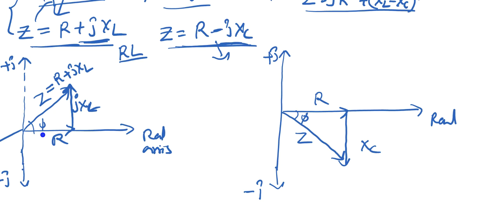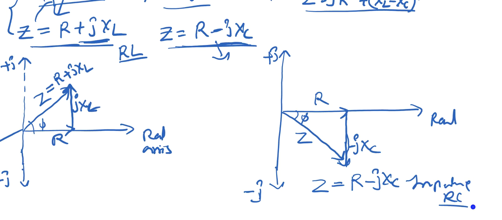Then, instead of representing this vector here, it is going in the negative part of the imaginary axis. So I can write this as minus JXC. So that's why Z is nothing but R minus JXC. So this is the impedance of your RC network.